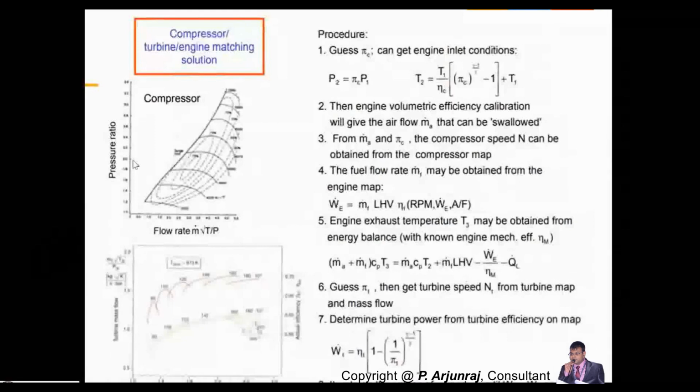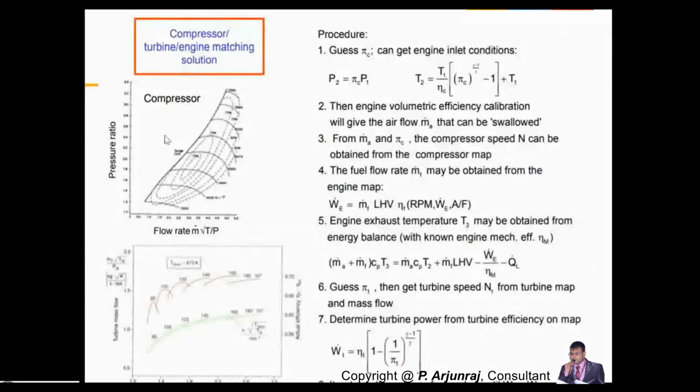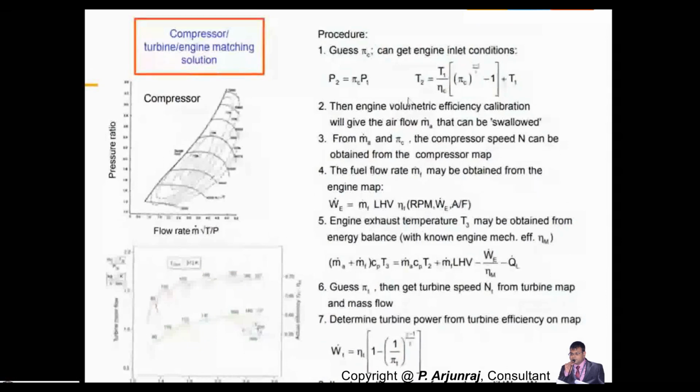So we have seen the graphs showing the airflow rate and the pressure ratio. Now we need to see how we are going to match the engine, the turbocharger turbine, and also the compressor. There is a procedure, and you need to go with that procedure.